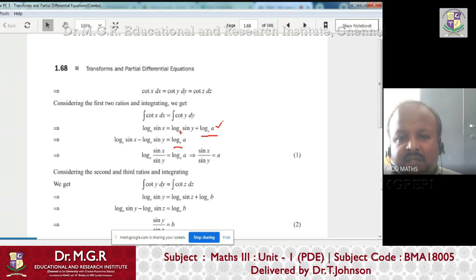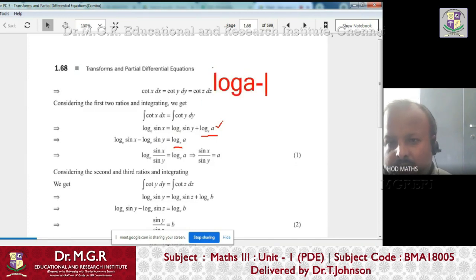But why do they assume like that? Because when you take this log value to this side, it is log sin x minus log sin y. So you know log a minus log b is equal to log a by b.